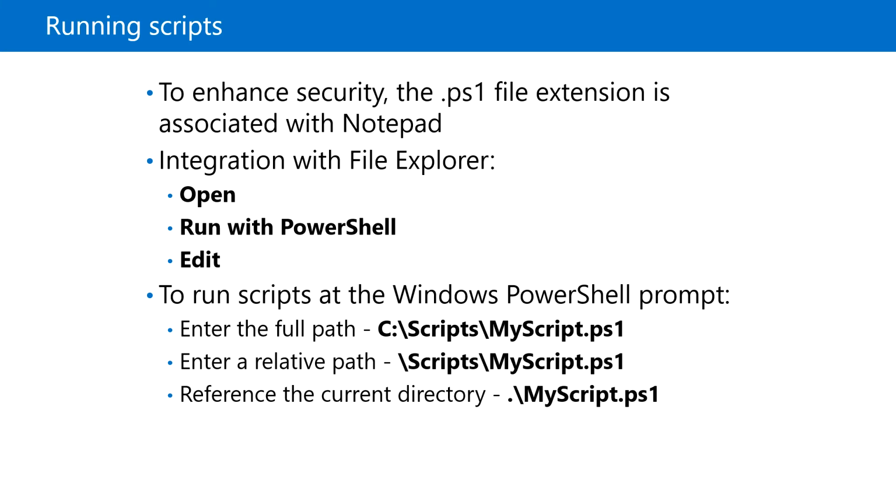To run any PowerShell script with the .ps1 extension, we can use the following three methods. Either we can enter the full path where the script is located, or we can enter the relative path as mentioned here, and we can also run the script using the current directory. So you need to be in that directory, and using dot backslash and the script name, you can execute the script.